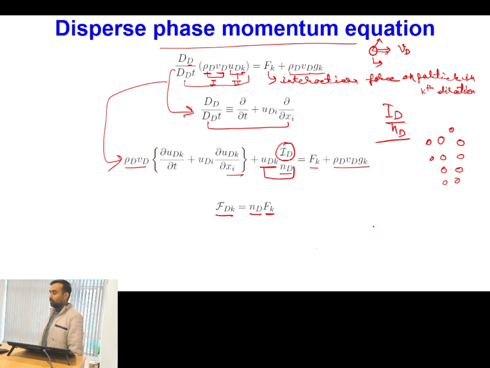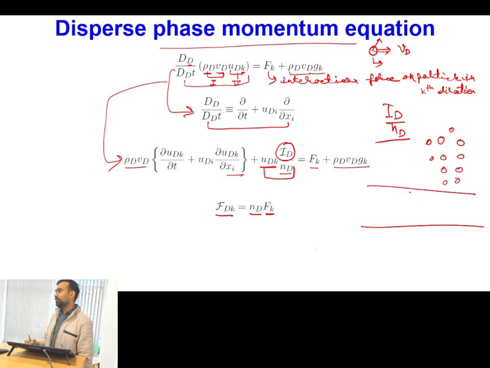So we can see that, say, if I have continuously flowing gas in a pipeline, and in this gas I drop some solid particles from the top, then initially when I drop the solid particle, its velocity in the direction of the gas is 0. But whenever it has entered this moving gas stream, it will experience certain types of forces.